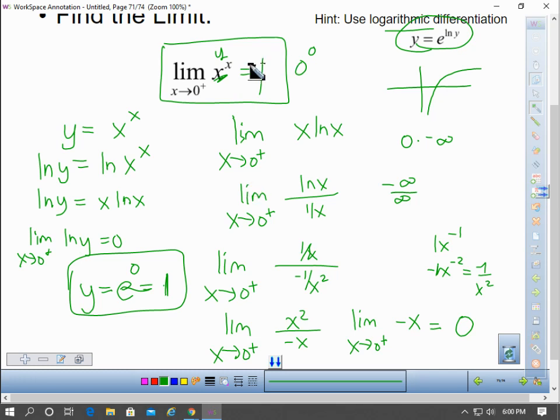If you have a power problem, you have to fix that using logarithmic differentiation. That will usually make a product, and then you fix the product by making it a quotient. So it's just algebra manipulation. To be able to do L'Hopital's rule, you have to have 0 over 0 or infinity over infinity. So it's just algebra manipulation to get that to happen.